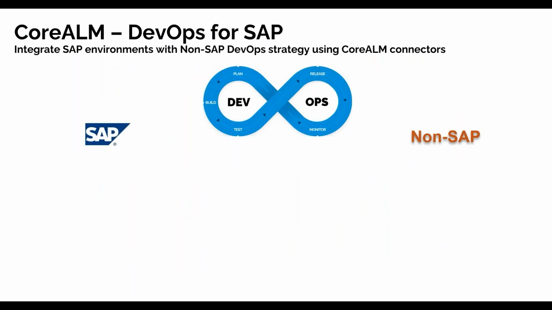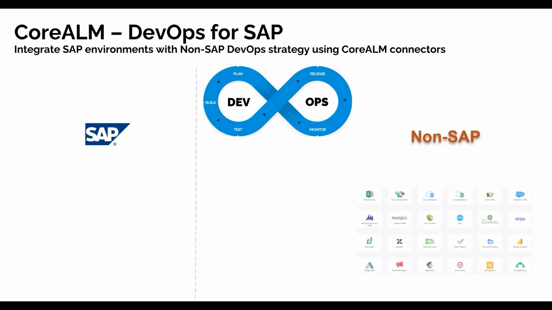How we think about this, and the problem we're really trying to solve, is this anomaly that occurs in most every company, where they have a DevOps strategy that is pretty much outside of SAP. Their DevOps strategy for non-SAP is pretty standard. We commonly see them using Jira and Azure DevOps for product development and projects, and then when it goes into operations, using ServiceNow or some combination of the above.